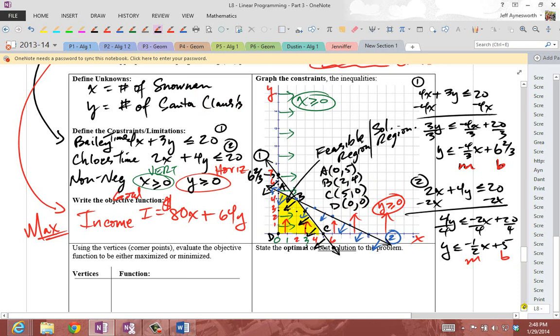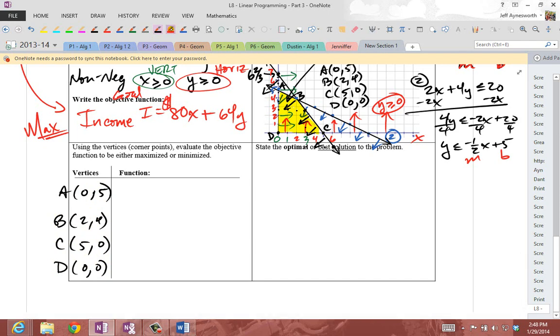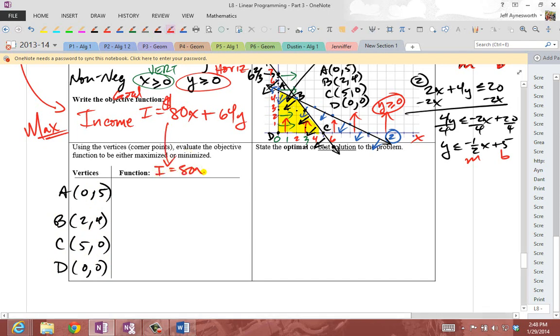All right, so we got to take these values and bring them over here like we always do. A is at 0, 5. B at 2, 4. C at 5, 0. And I'll write down D just for the heck of it, but it's not going to be a solution. And we're trying to maximize the income function, which is 80x plus 64y.